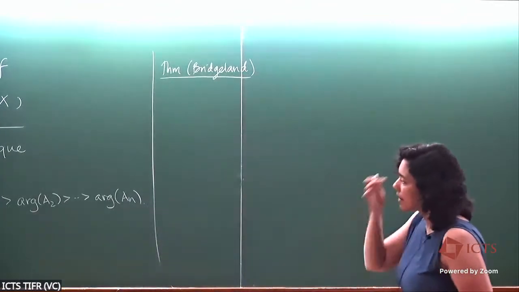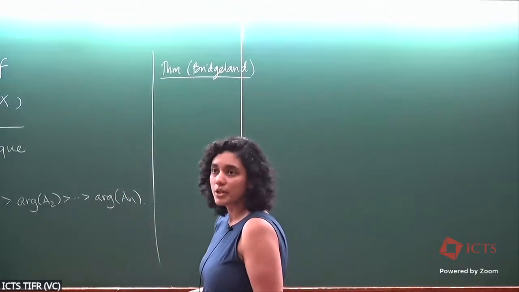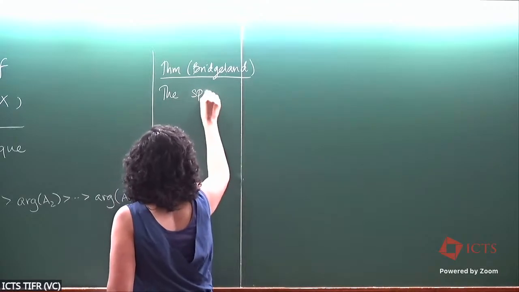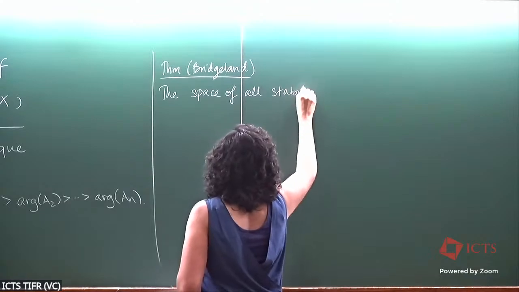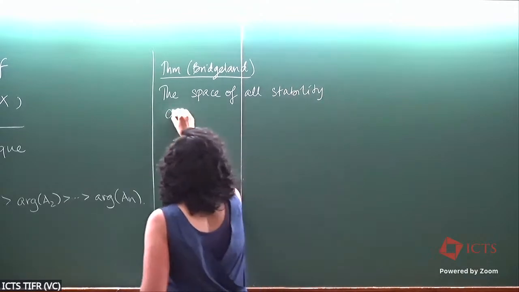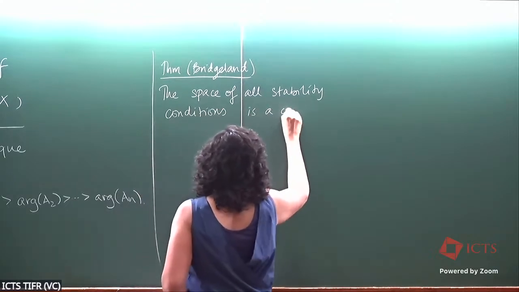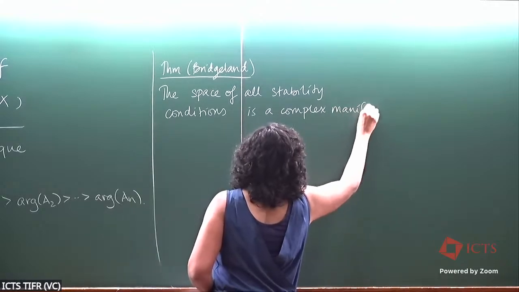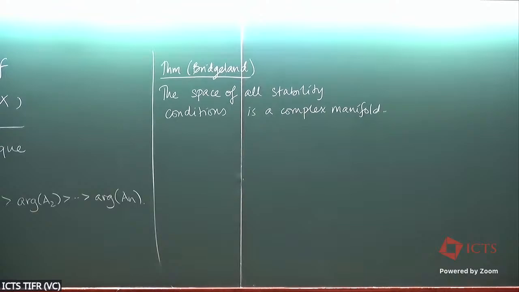The theorem is that the set of all stability conditions has a topological structure. The space of all such stability conditions is a complex manifold. For this talk, I'm only interested in the topology, not the complex structure.